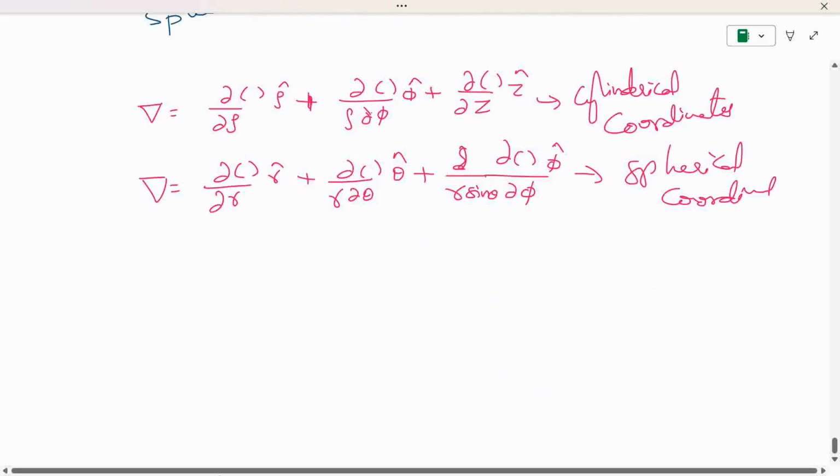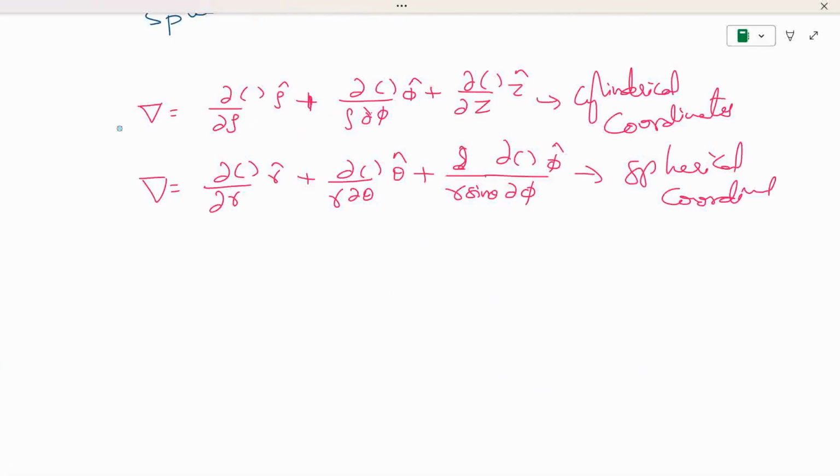In cylindrical coordinates, the point will be given as rho, phi, z, and in spherical as r, theta, and phi.